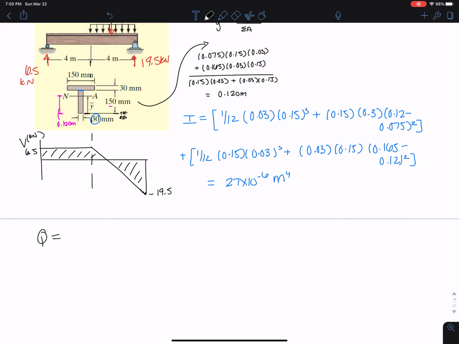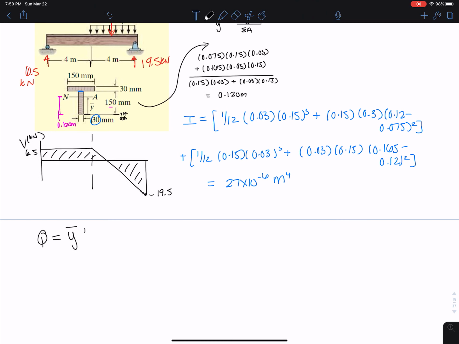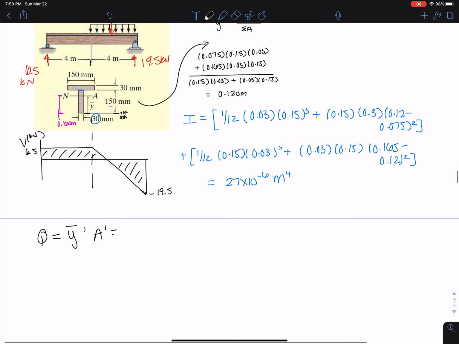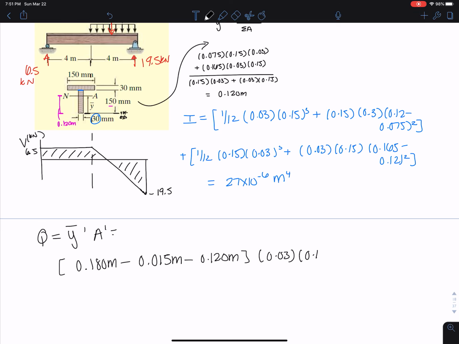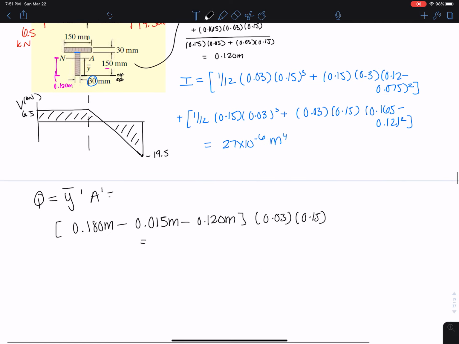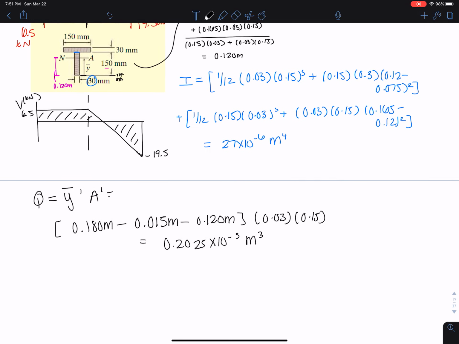Q we know is equal to Y bar prime times A prime. I went through this pretty slowly in the other example, so make sure you can get these numbers on your own now. And we get a total value of 25 times 10 to the negative 3 meters cubed.